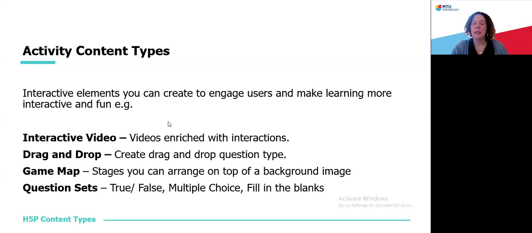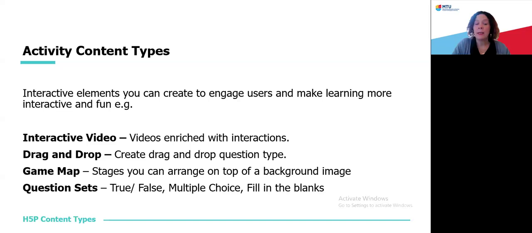Then the activity content types is the other category. These are interactive elements that you can create to engage the users and make the learning more interactive and fun. The interactive video, as I mentioned, you can enrich with interactions. You could have a drag and drop question type where the learner has to drag the correct element into a space.